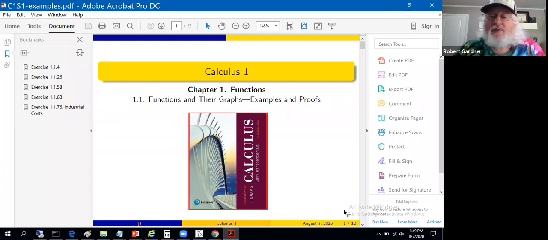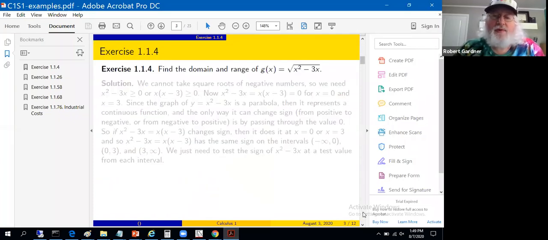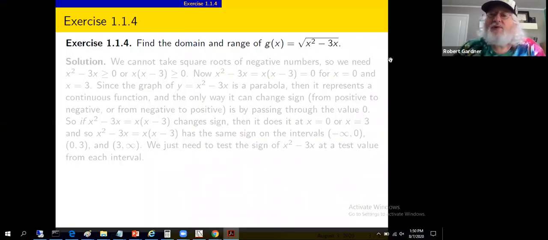Let's look at our first example from Chapter 1, going to the supplemental material, where they give us a function, g of x is the square root of x squared minus 3x, and they ask us for the domain and the range. Okay, domain should be not too complicated.